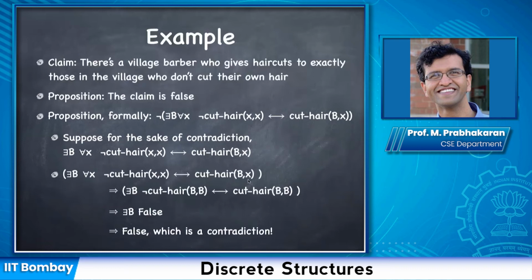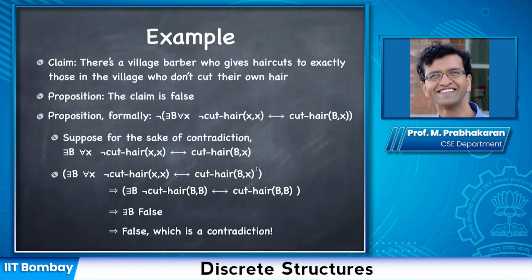So if this is the case that, for all X, this second part holds, then I can in particular consider X to be equal to this B, whatever that B is. So you told me that B is a barber such that for all X something holds. So let me take that X to be the barber itself and substitute that into this expression.